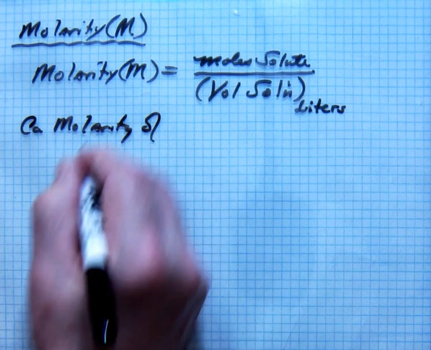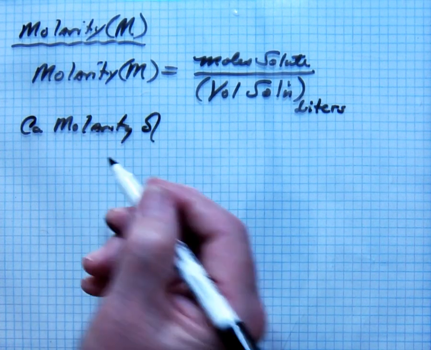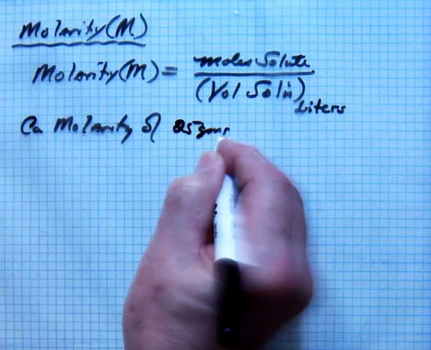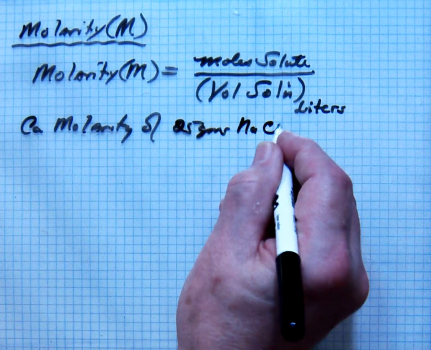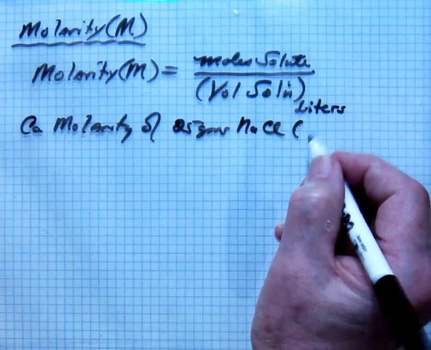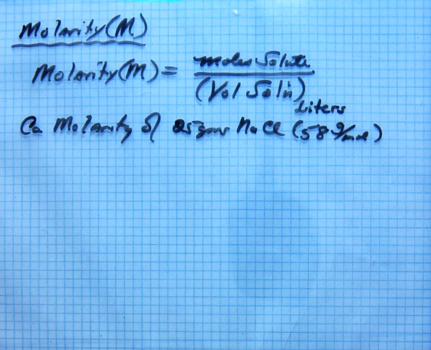So calculate molarity in a simple problem. We'll use the one we just did, okay? All right, of 25 grams NaCl, okay, we'll need that to convert to moles.